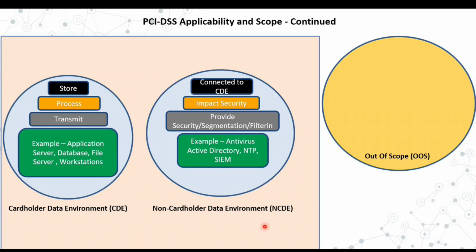Now this entity will be very happy to see that their scope is reduced and it is now 50 systems only. They don't have to worry about the rest. Again, it is up to them and best practices to keep all those systems secure, but from the PCI DSS point of view, only 50 systems will fall under scope.